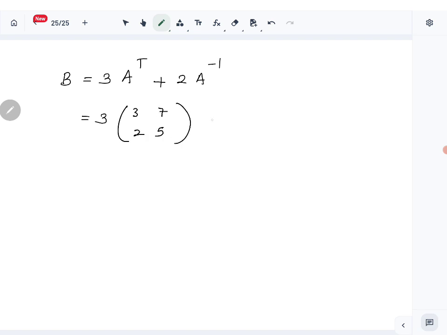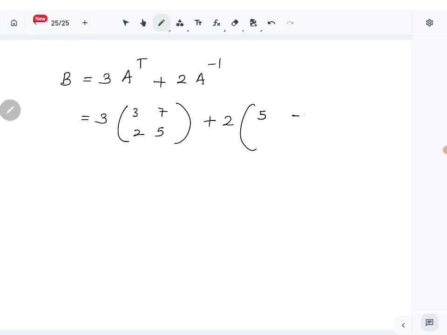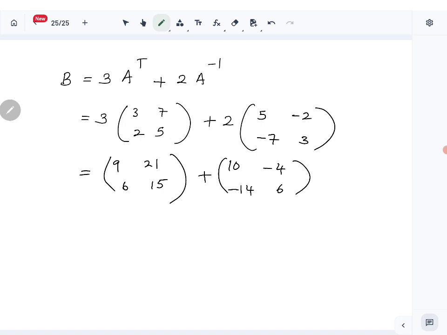Plus 2 into A inverse, which we found A inverse is 5, minus 2, minus 7, 3. Right. So then this becomes 9, 21, 6, 15. When we multiply the second matrix by 2, you get 10, minus 4, minus 14, plus 6.